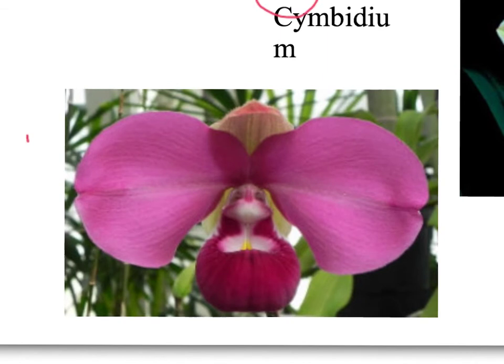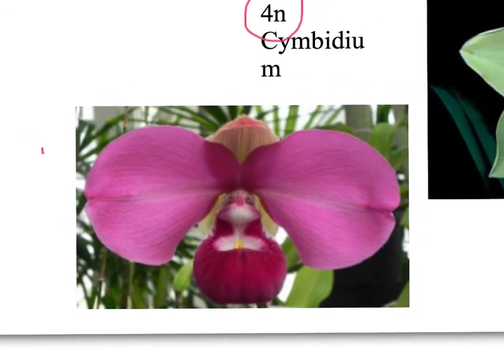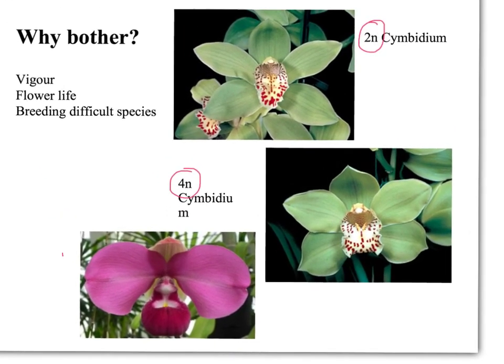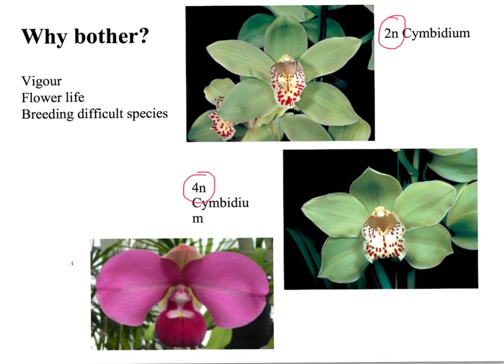This one is being produced as a polyploid at the moment, so that growers are able to hybridize it with other species that it wouldn't normally be able to cross with. And the reason they're doing this is because this particular species is endangered, and they're using it to just try and keep the genes of this species in circulation so that it doesn't become extinct.